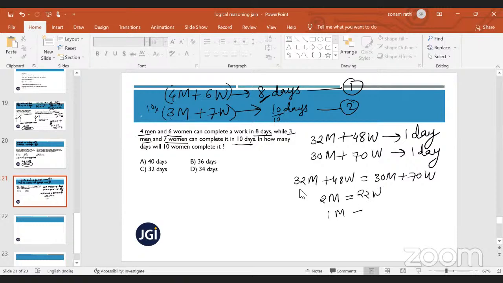So 1 man is equal to 11 women. Now tell me, after this, what will we do?